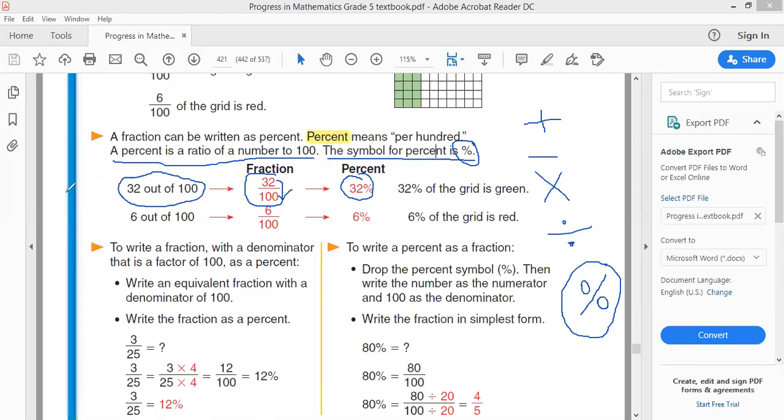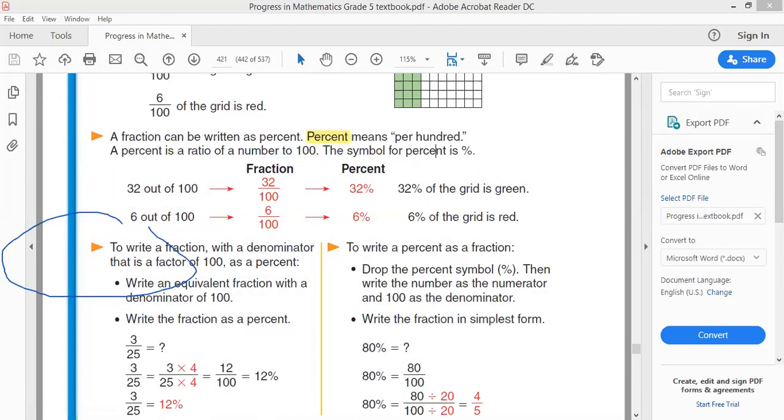Like if it's written 32 out of 50, you cannot say this is 32%. It will be wrong because the denominator is not 100. So for the percentage, denominator must be 100. Clear?